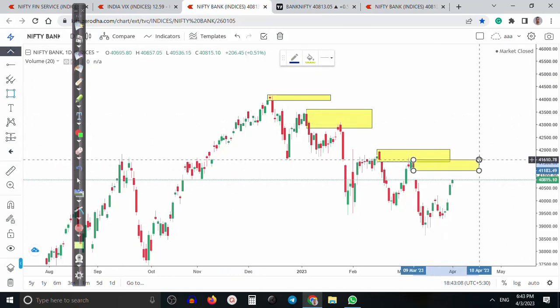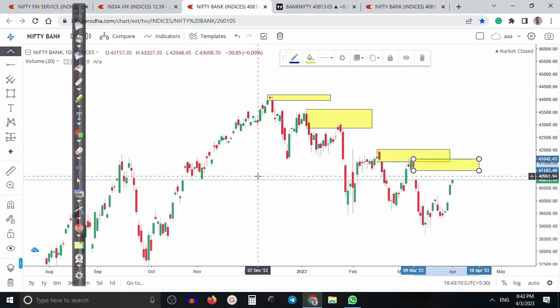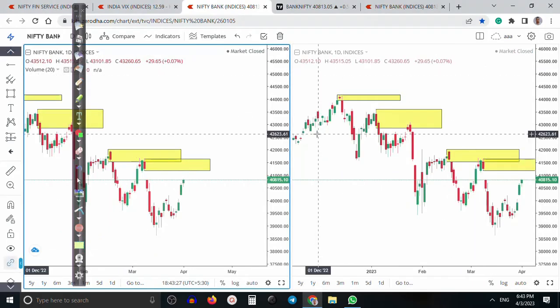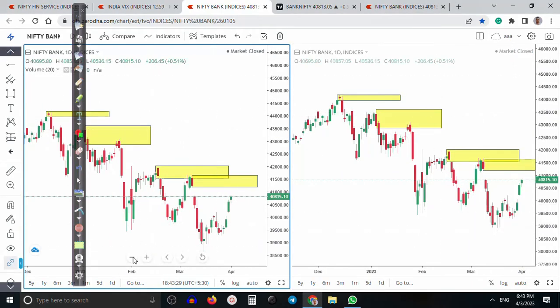So this area, okay. That is why we are expecting that if price reaches that level, there is a probability of a pullback. Why is this level important? Let me explain by using VIX. I'm using two windows here.